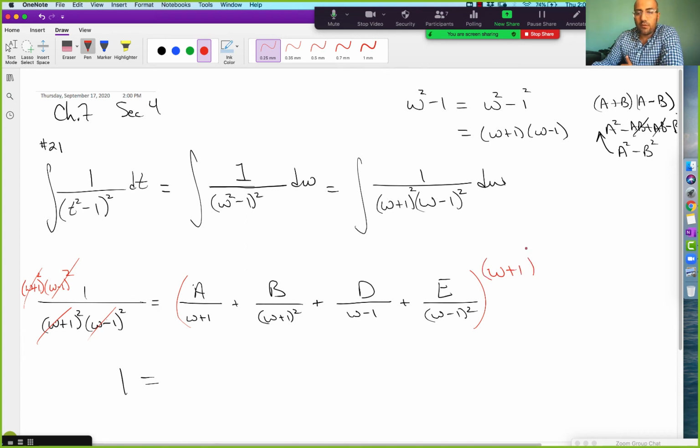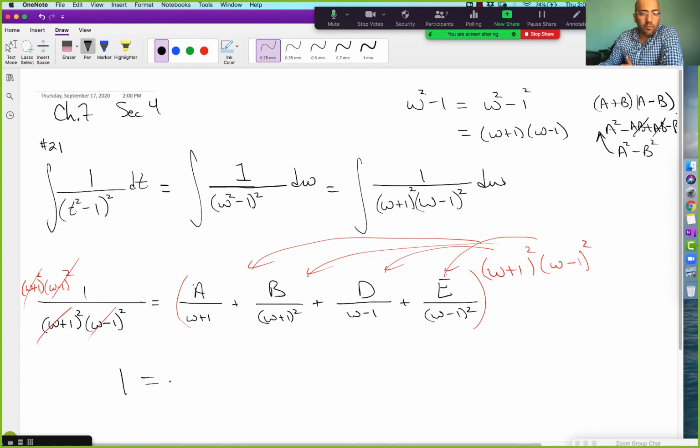W plus 1 squared, and then w minus 1 squared, and then again we distribute, and we distribute. So for the first fraction, it'll be this fraction times both of those, so one of those powers will reduce.